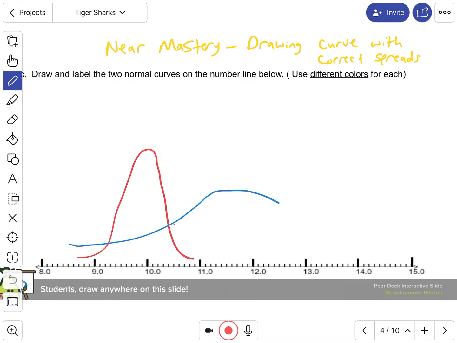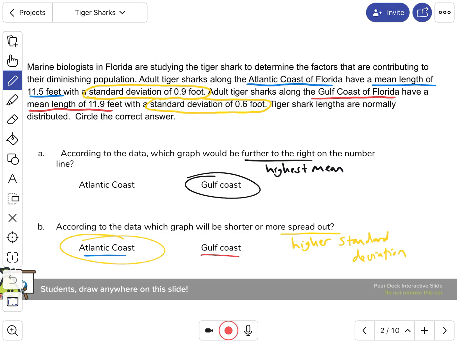And when you make it wide, the top of it goes lower. Now notice the spreads are correct because this one's wider and this one's more narrow, because the standard deviation of the blue Atlantic coast is greater than the standard deviation of the red Gulf Coast.